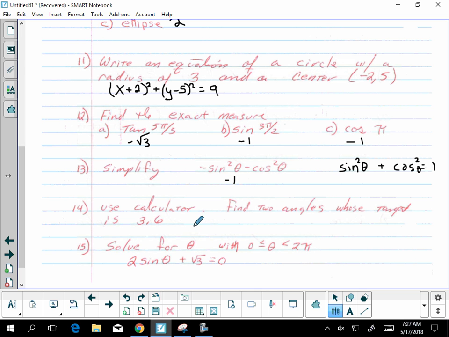And I get 1.2998, so I'm going to count that as 1.3. Well, that would be in the first quadrant, right there.